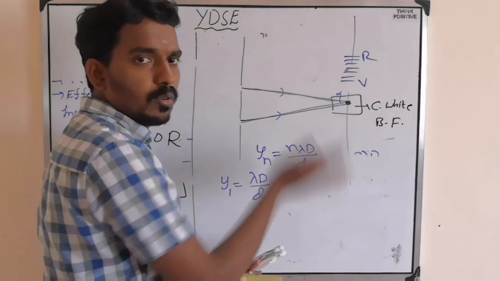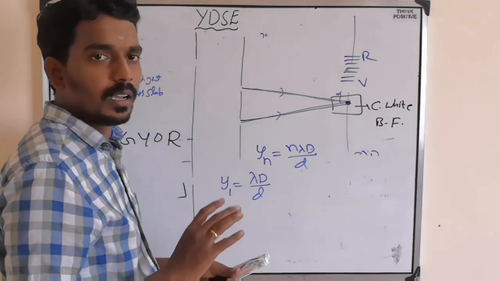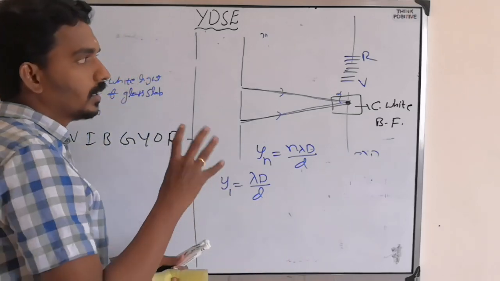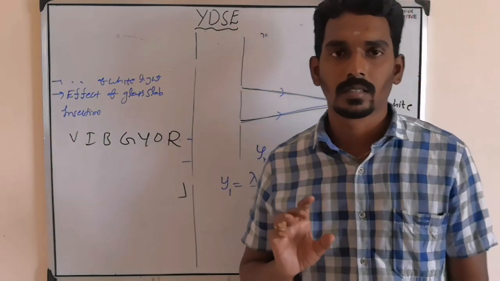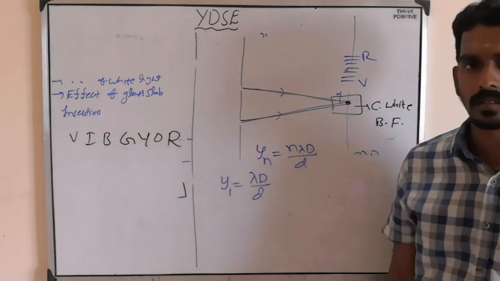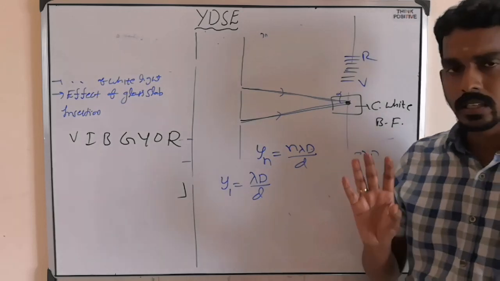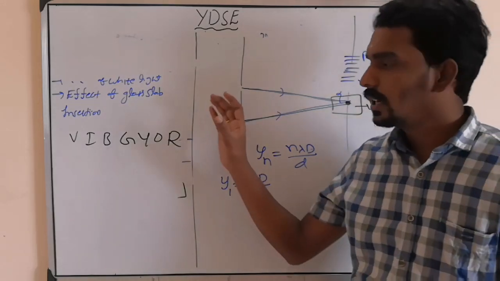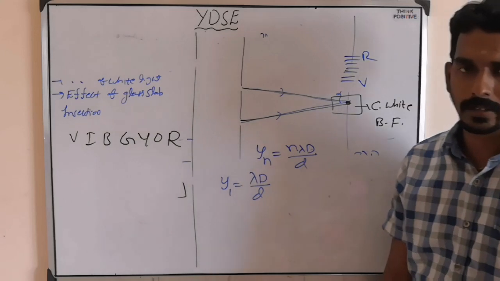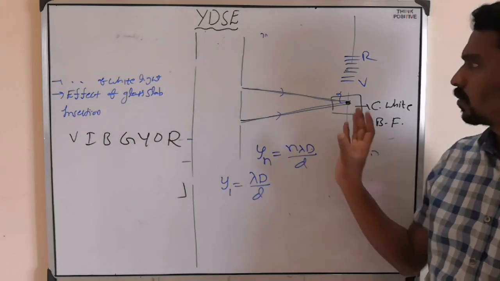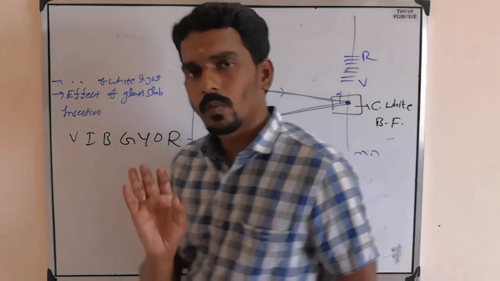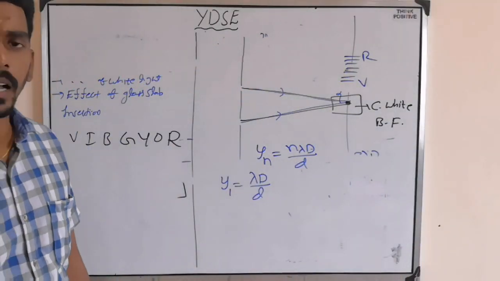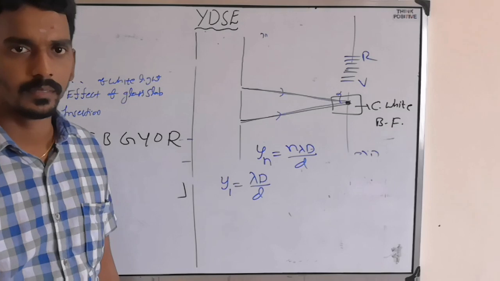So below and above you will get alternating colored fringes, not just bright fringes. They can ask theoretical questions based on replacement with white light. So this is the effect of white light.